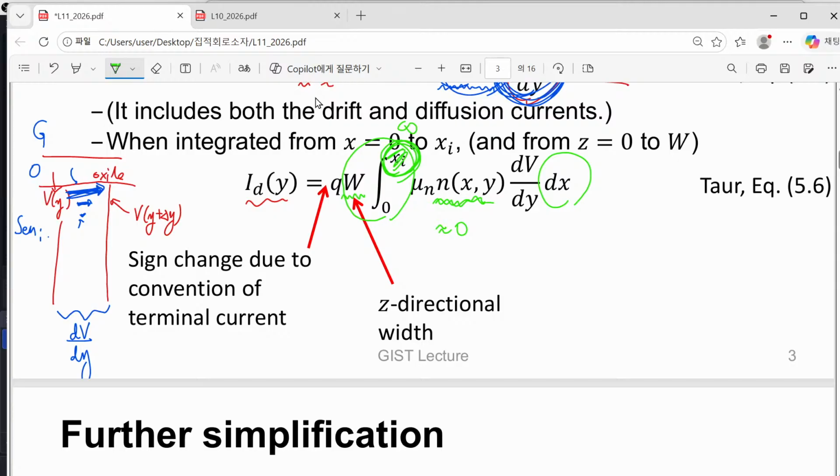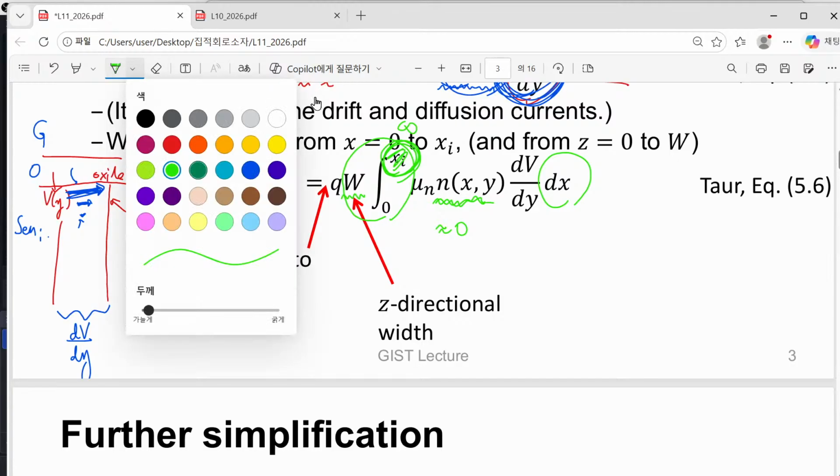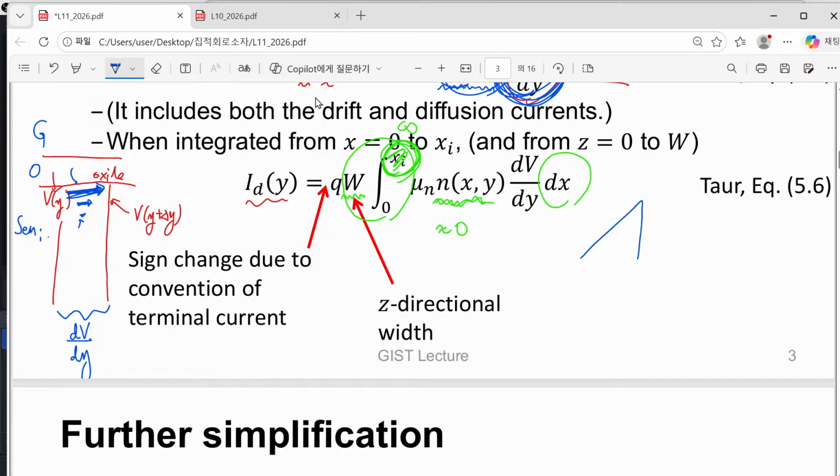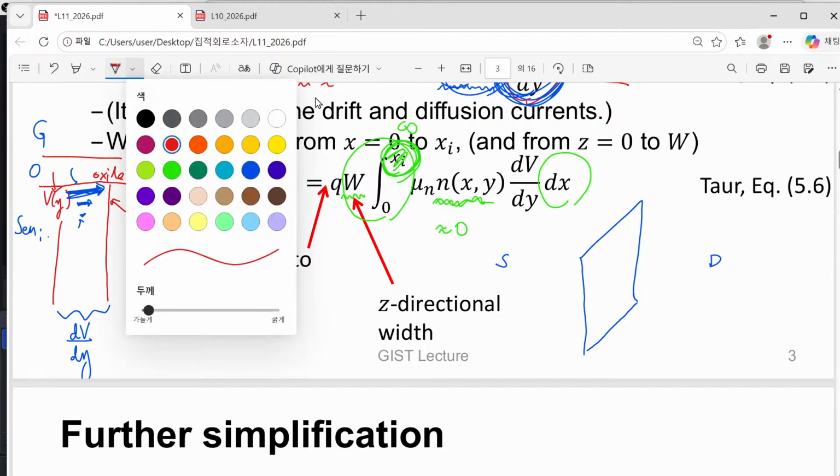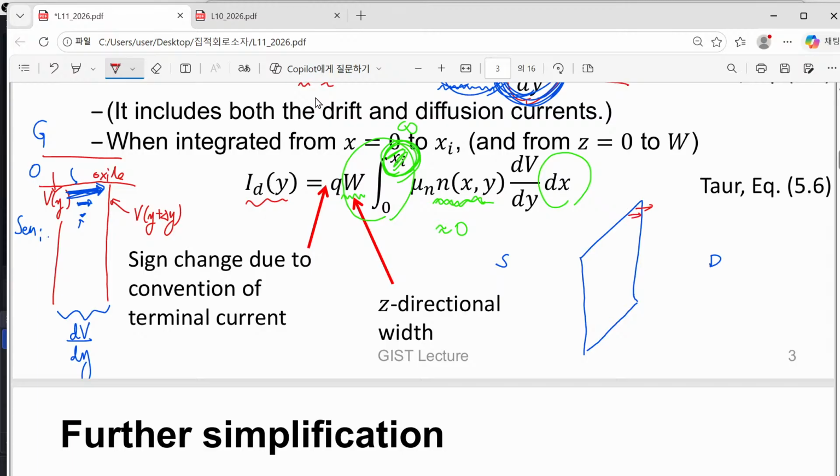So simply speaking, I think that most of you already understand this one, but let me once again try to visualize this situation. Let's say that here we have a source and drain, and electrons are only moving through this top position, and there is a small amount of current conduction and almost nothing here.